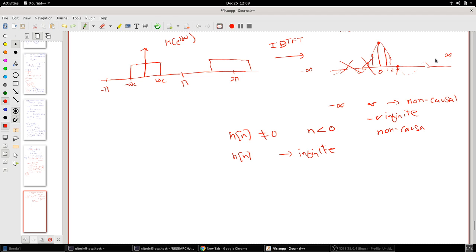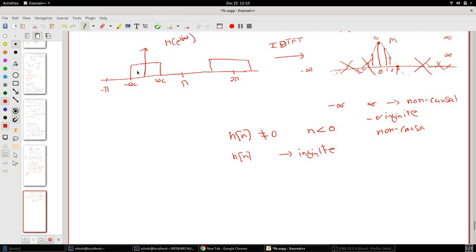Then we are left with a sequence from 0 to infinity, and that sequence again has to be truncated. All the parts outside a certain length m have to be converted to 0, right? So that's the whole idea.